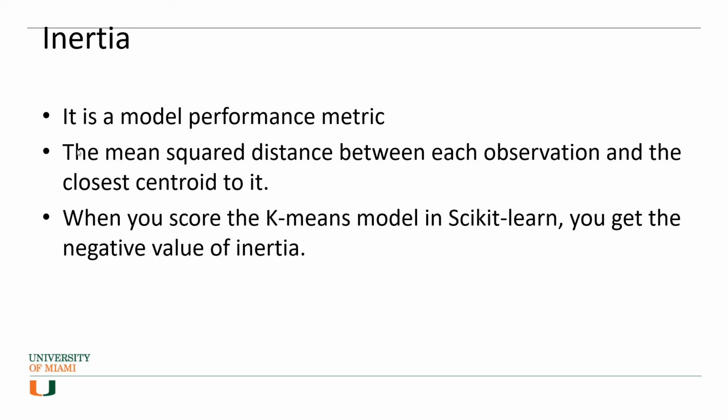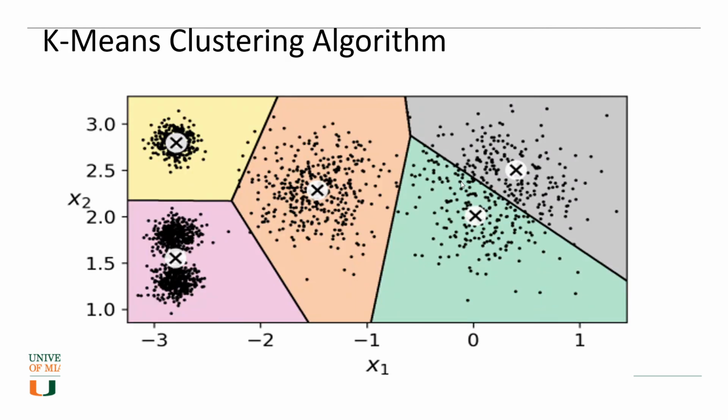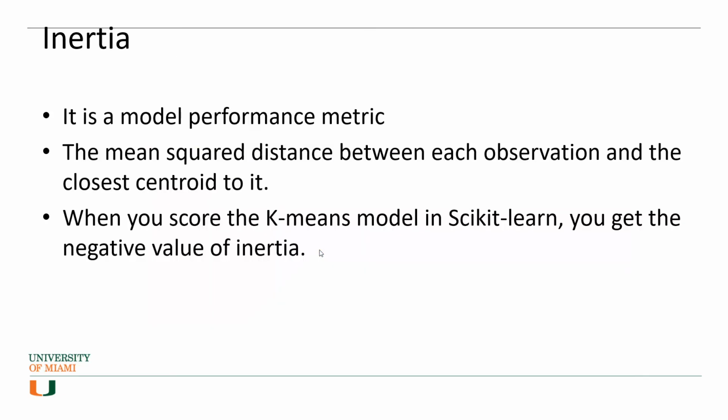In order to comprehend what inertia is, think about what it is basically measuring. It is measuring the mean squared distance between each observation and the closest centroid to it, which means that in the extreme, if we had 5 observations and we clustered them into 5 groups, meaning that each observation is going to be one cluster, and that observation is going to represent its own centroid of the cluster, then inertia would be 0, right?